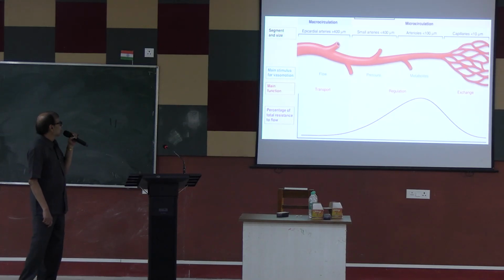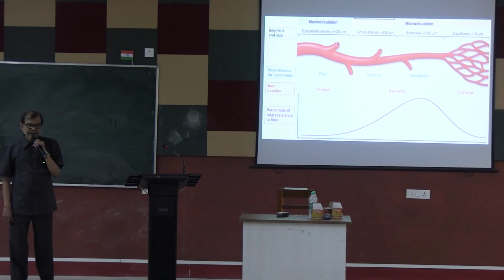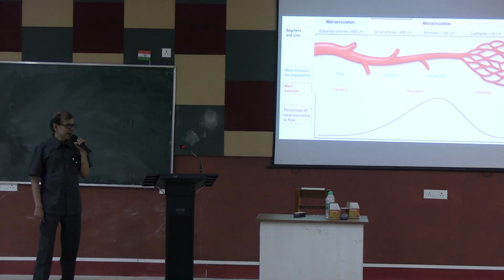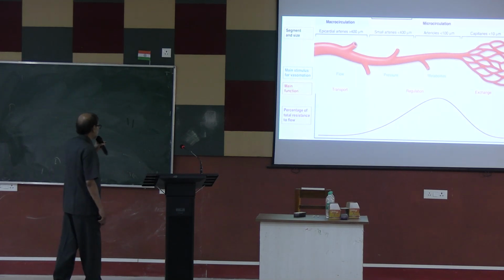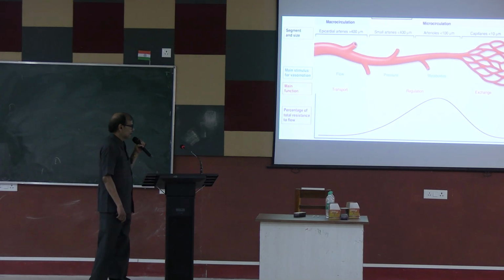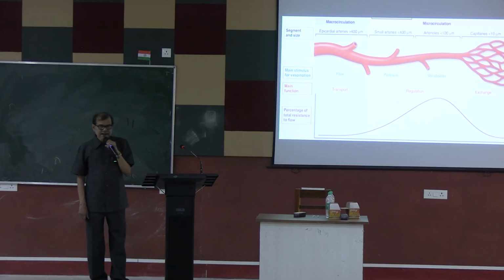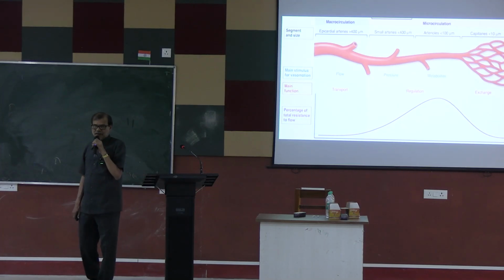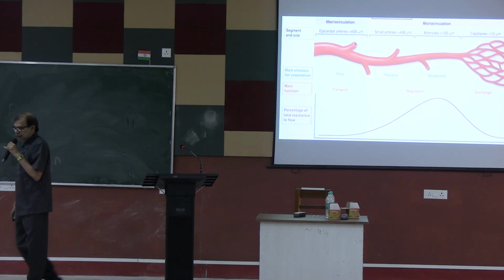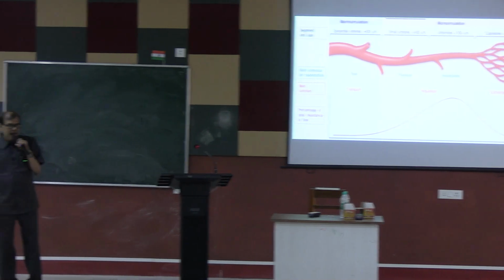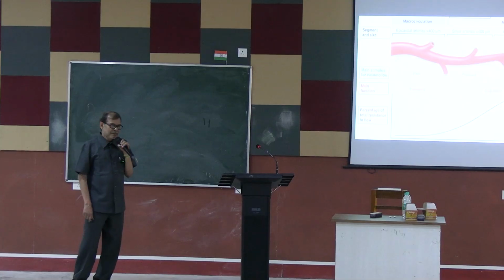Again, I repeat: on the basis of segment and size, second, main stimulus for vasomotion, third, main function, and fourth, percentage of resistance offered by the vascular bed, we can categorize macrocirculation and microcirculation.